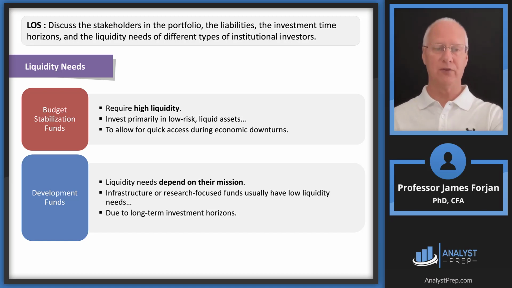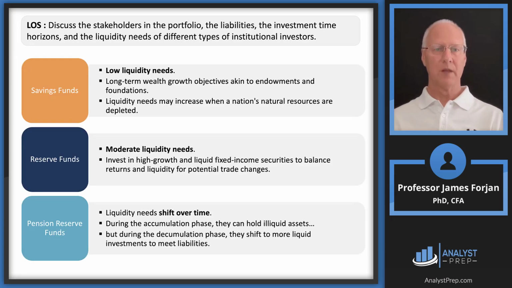And one of those indications is that last block point there, due to long-term investment horizon. So if there's something that says in the question stem, hey, here's a development fund, but we have some liquidity issues, well, then that must mean that we have a shorter time horizon. Savings funds have low liquidity, reserve funds probably moderate, and then the pension, those probably shift over time.